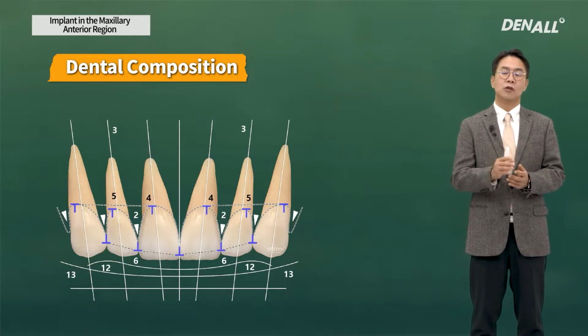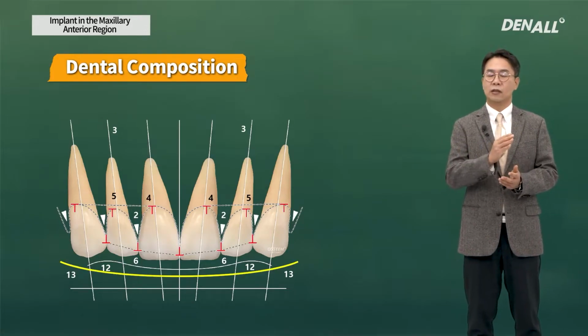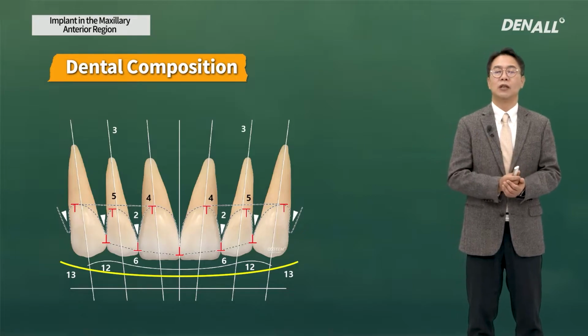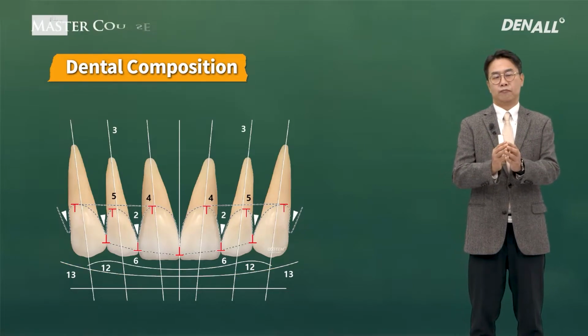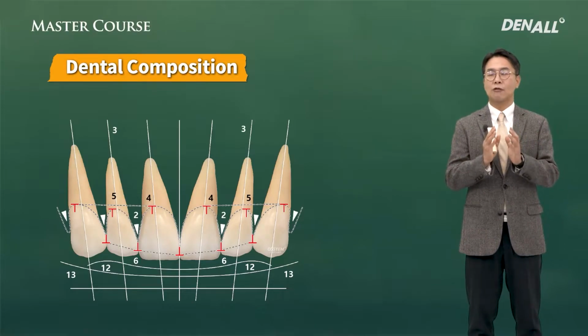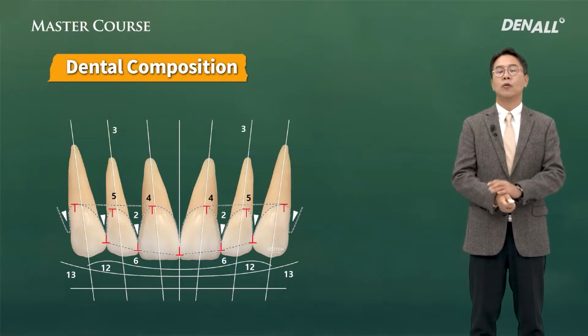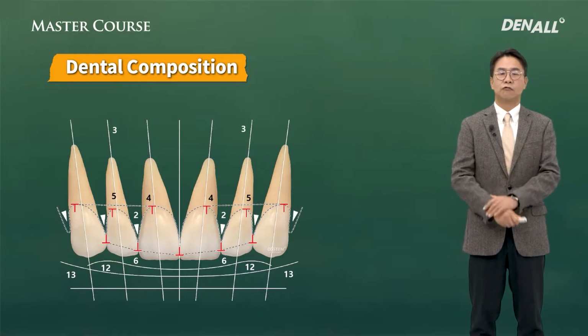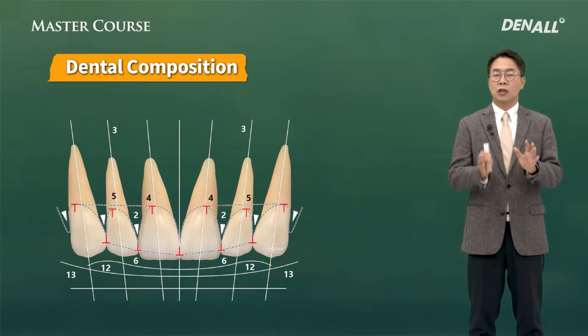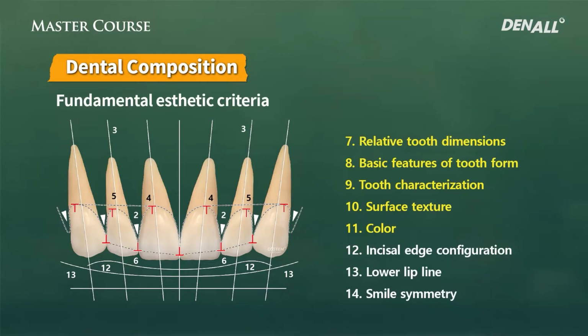So we need to consider them. And after that, we need to look at the smile line, the arch area. If they are in harmony and pretty, we can realize they look very beautiful. Such alignment is the composition of dentition.